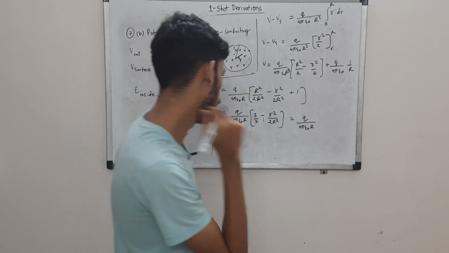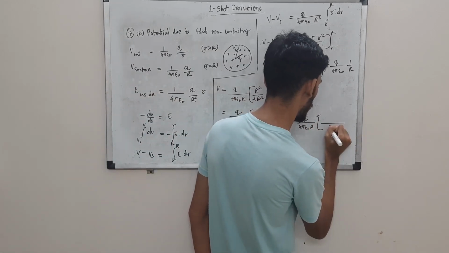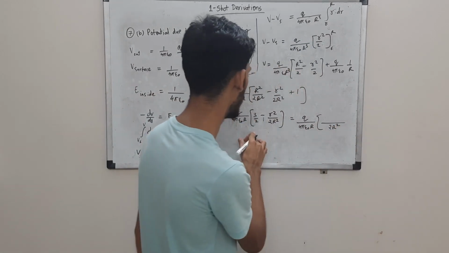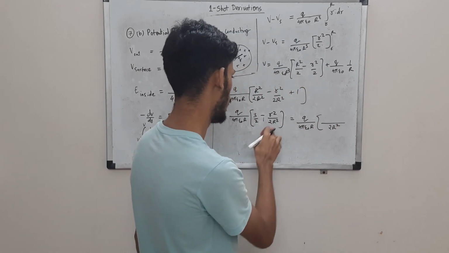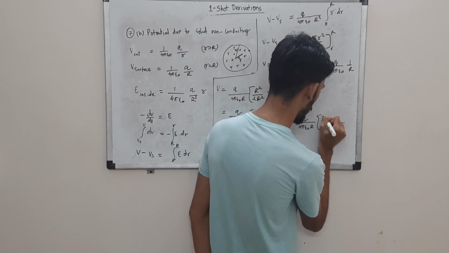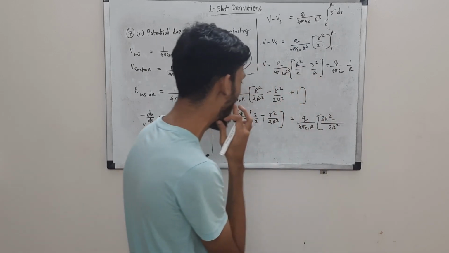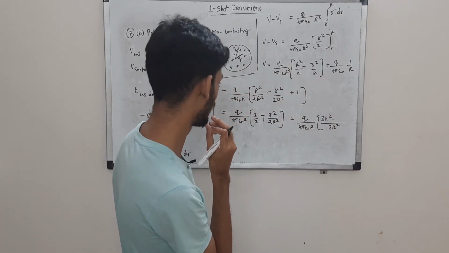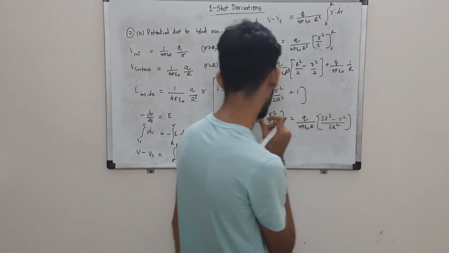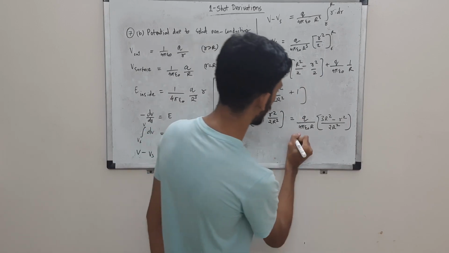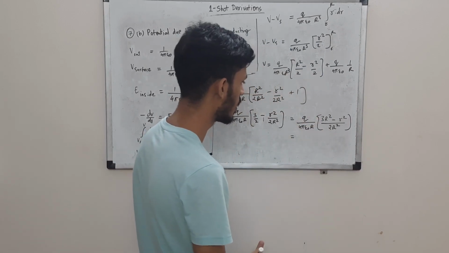We'll cross multiply this, so we get 2R square in the denominator, and we get 3R square minus small r square. Basically I have taken the LCM.